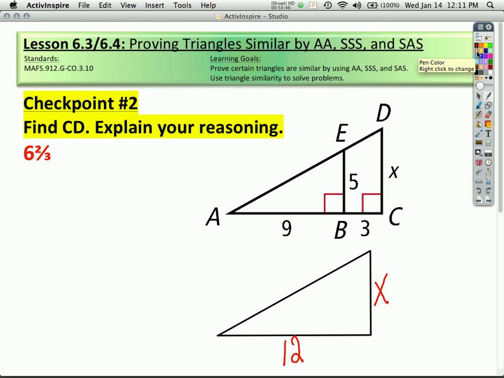Eric, did you prove that they're similar? Can you prove that they're similar?